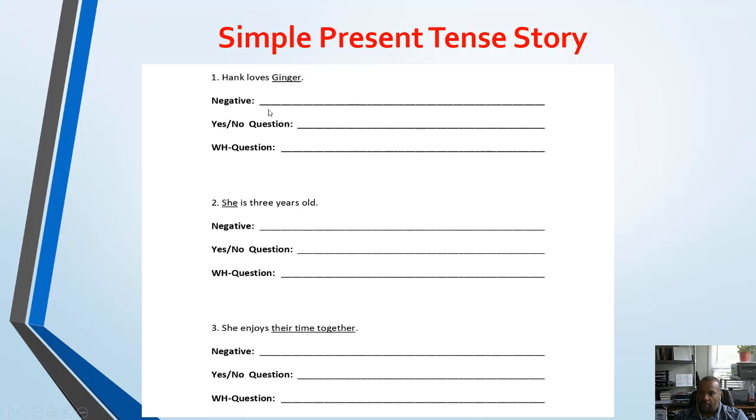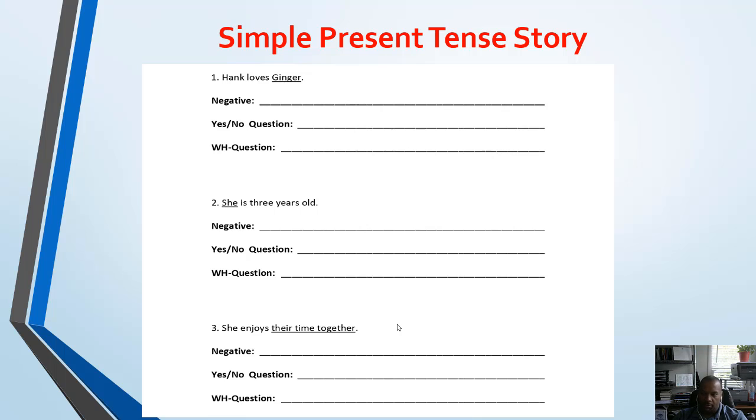So now what we need to do is take each one of these and write a negative statement or negative sentence, yes or no question, and a WH question for each of these three. So let's take some time. Pause the video and let's do that, and then we'll come back and go through this together and I'll share my answers.